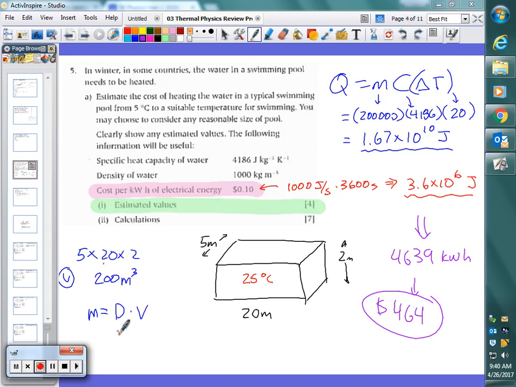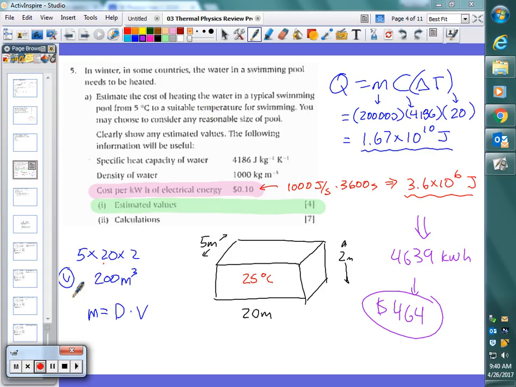And so we talked about this swimming pool, and we said that a hard part of this question is, it says, estimate the cost of heating the water in a typical swimming pool from 5 degrees Celsius to a suitable temperature for swimming.